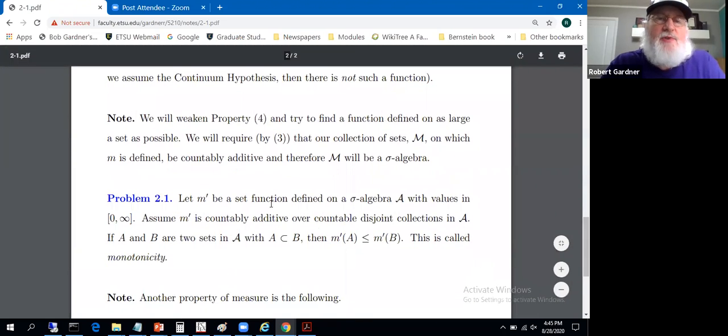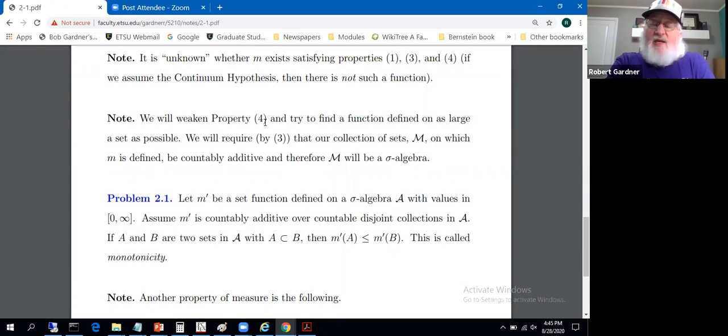All right, so what we will do is we'll weaken property 4. Okay, so we'll have a measure where the measure of an interval is its length. It'll be translation invariant. It'll be countably additive. Oh, but there'll be some sets on which it's not defined. So there'll be some subsets of the reals on which our measure is not defined.